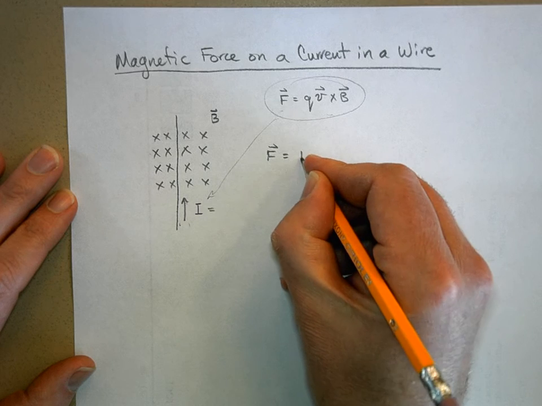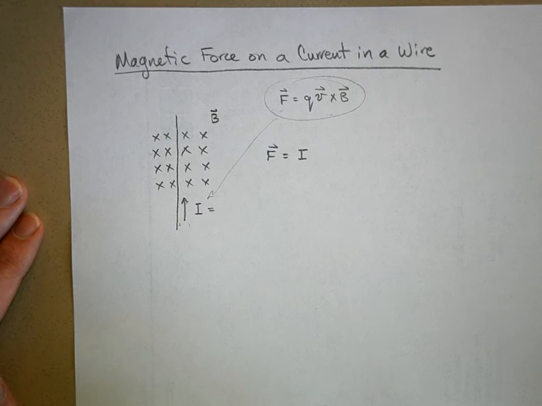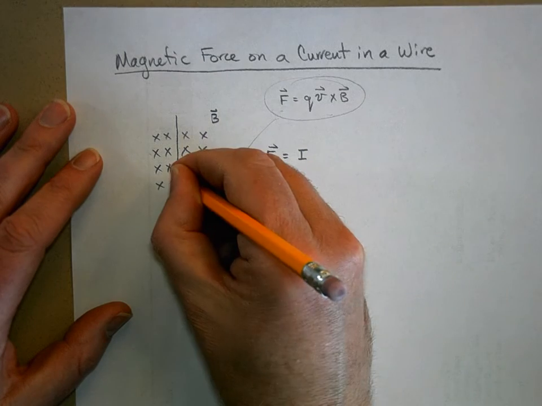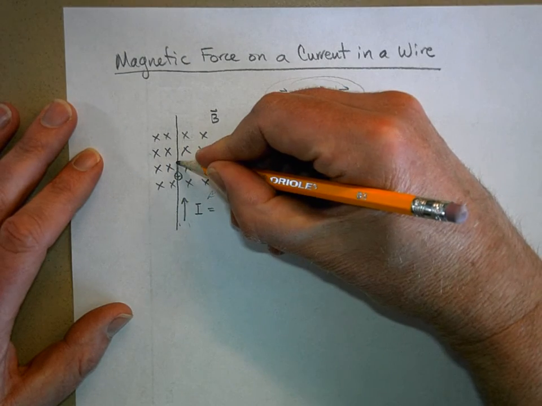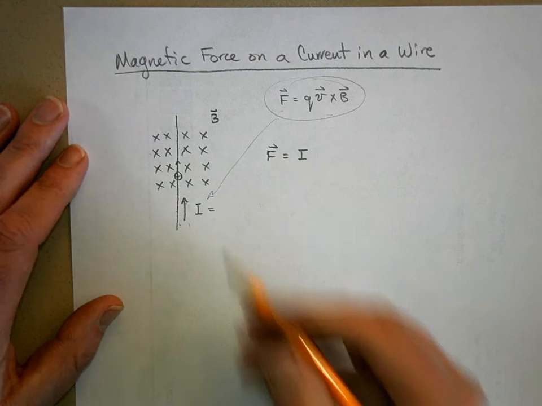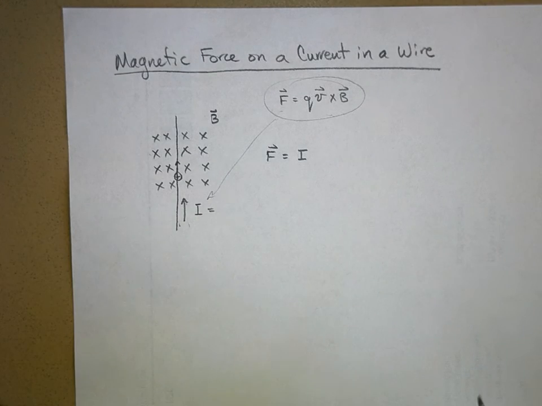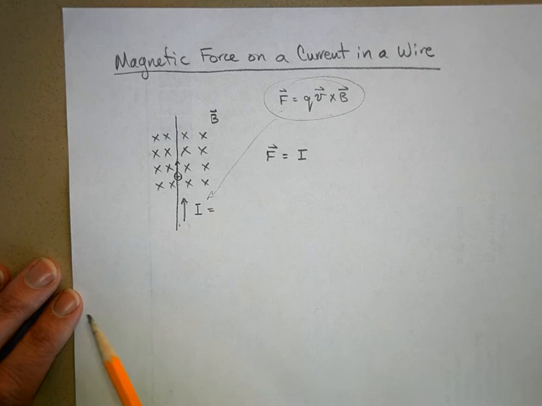F equals, well, we're going to get a force on the wire. Now, let's think about why. Let's take a look at one of the charge carriers. You see it has a drift velocity up the wire. So if it has a drift velocity, there's going to be a little tiny force on the charged particle, and that's going to push the wire to the side.